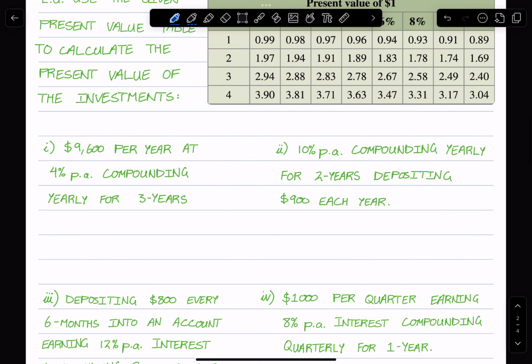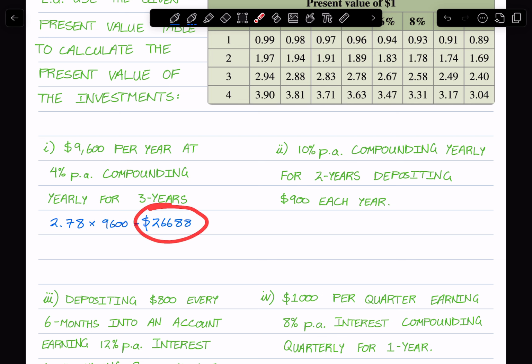Once we have that factor, 2.78, we still multiply it by the repeating deposit, times 9,600, 26,688. So this is the single deposit that will get the same end result as this annuity.